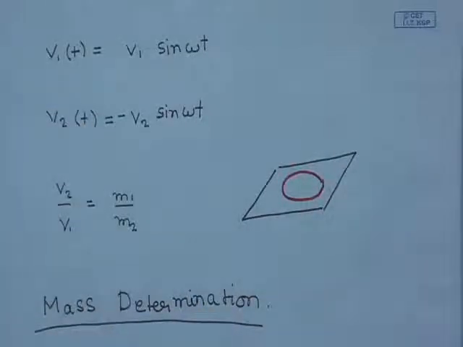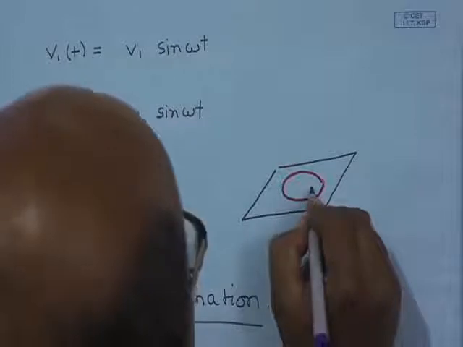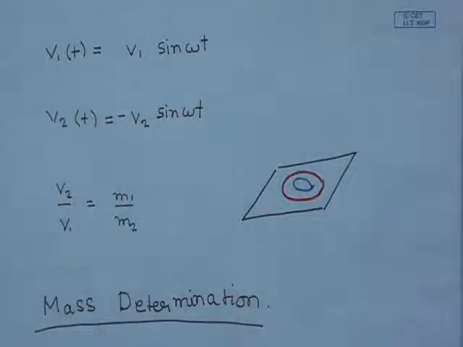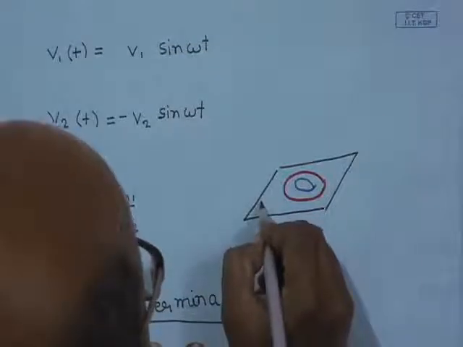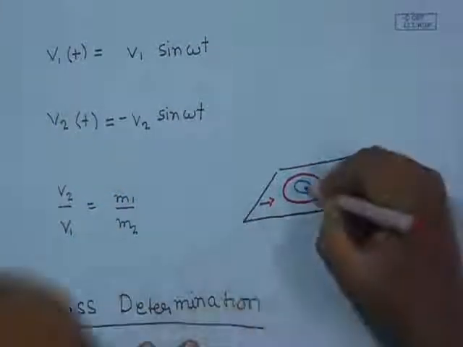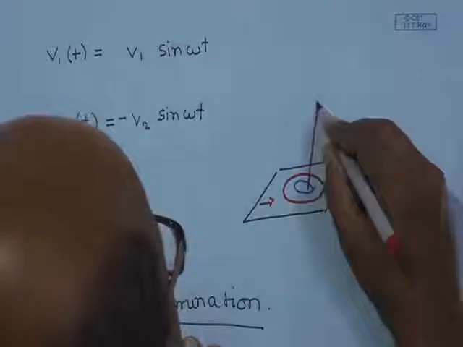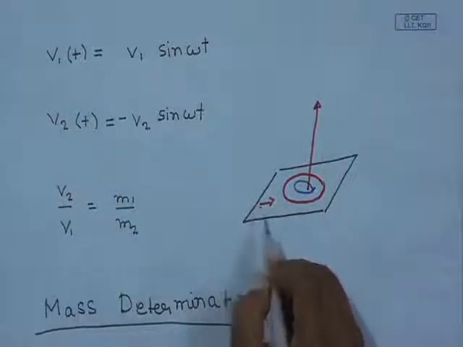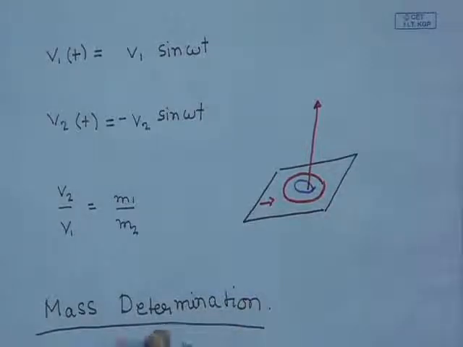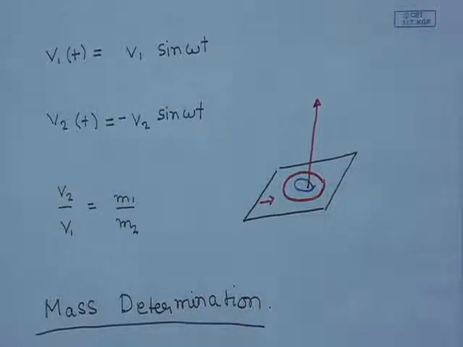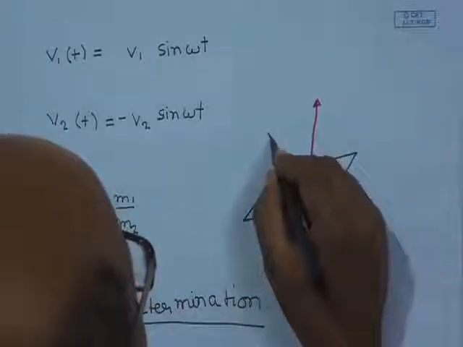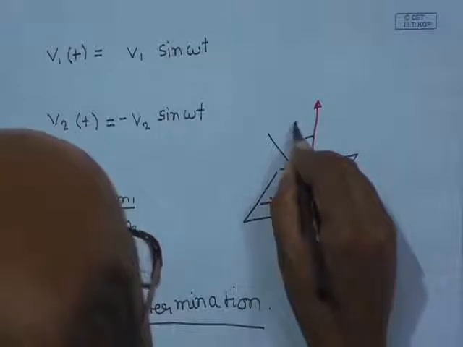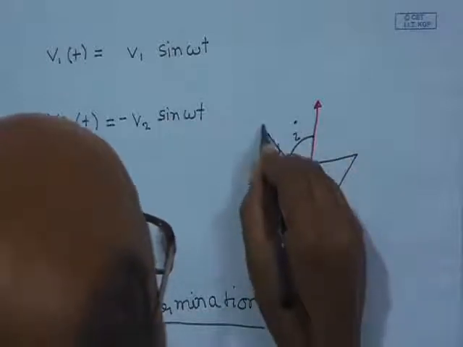Till now we have been considering an observer who is located in the plane of the orbit. So, the inclination angle, which is the angle between the normal to the plane of the orbit and the direction of the observer, is 90 degrees. We shall now consider a more general situation where the observer could be at an arbitrary inclination angle I. This is the direction of the observer.